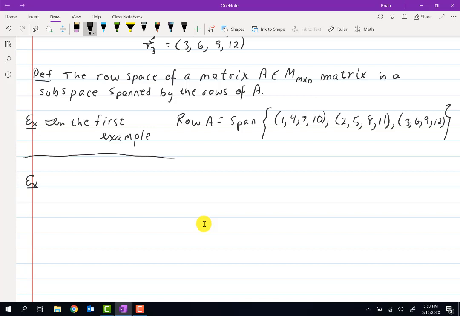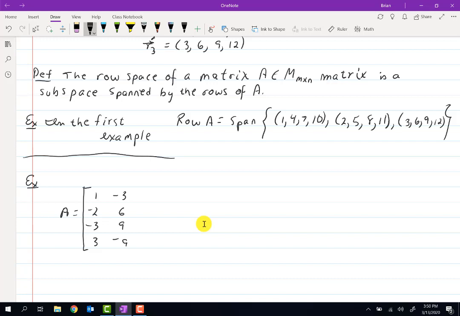Let me illustrate. We'll find one of these things. I'll have a heavier example than I just had. So let's see here. We have 1, -2, -3, 3. Then I have -3, 6, 9, -9.